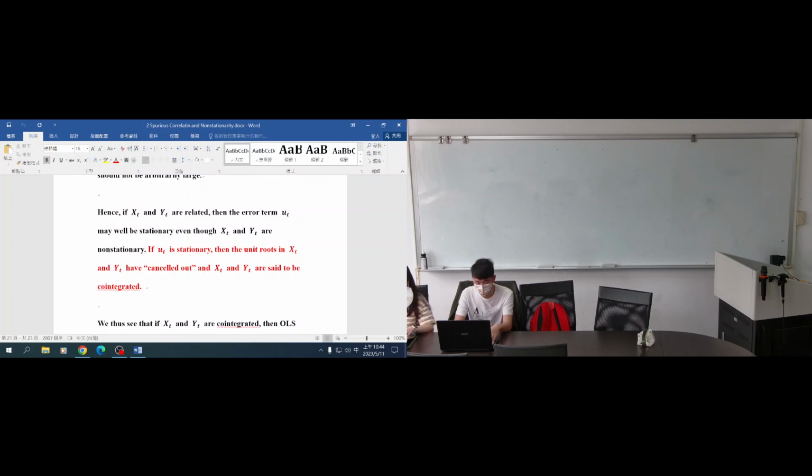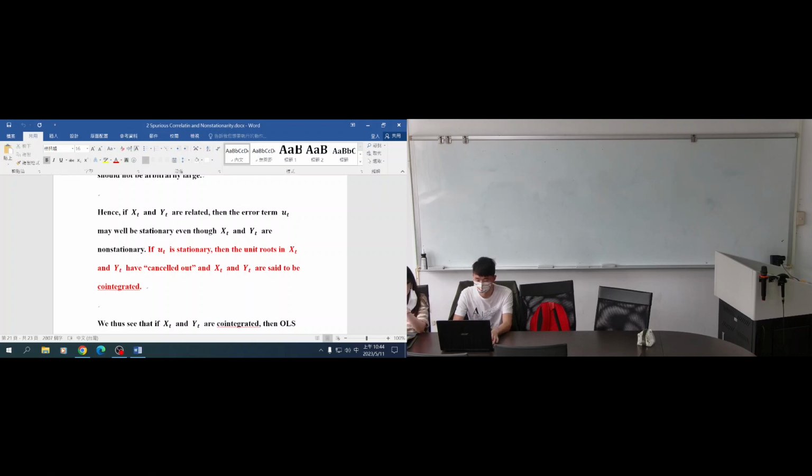Then if the ut can pass the unit root test, then if we can make sure the ut is stationary, then the originally non-stationary result from the yt and xt can be canceled out. Then the result is not spurious. This is what we call co-integration.